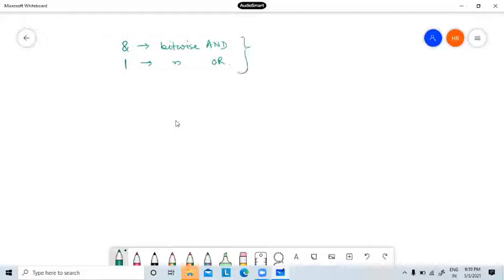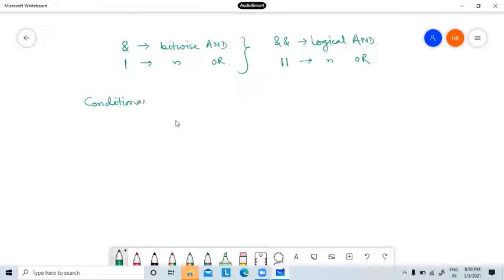There is double ampersand, which is logical AND, and double line, which is called logical OR. But these two have a different meaning. Just try to understand. First I will tell you something about conditional statements.